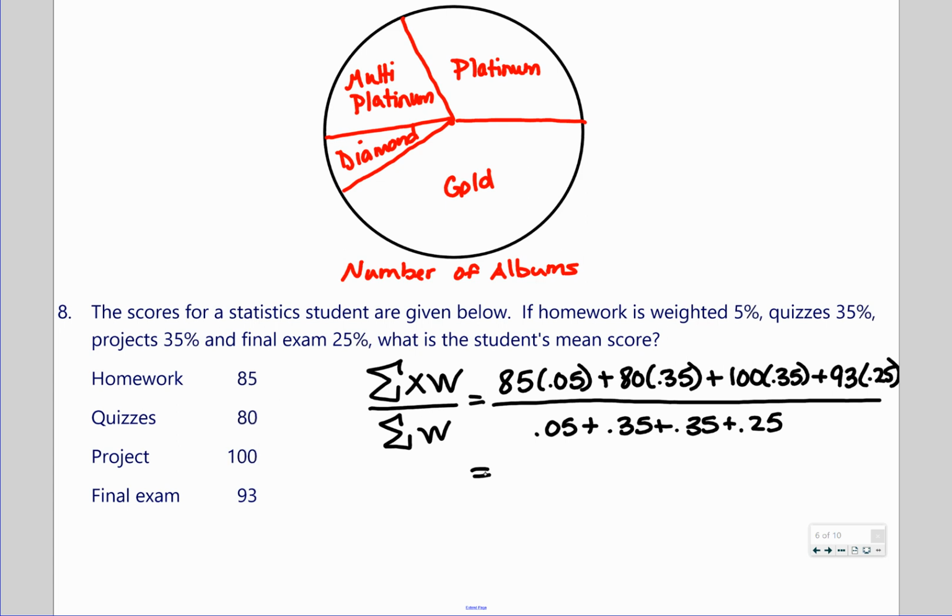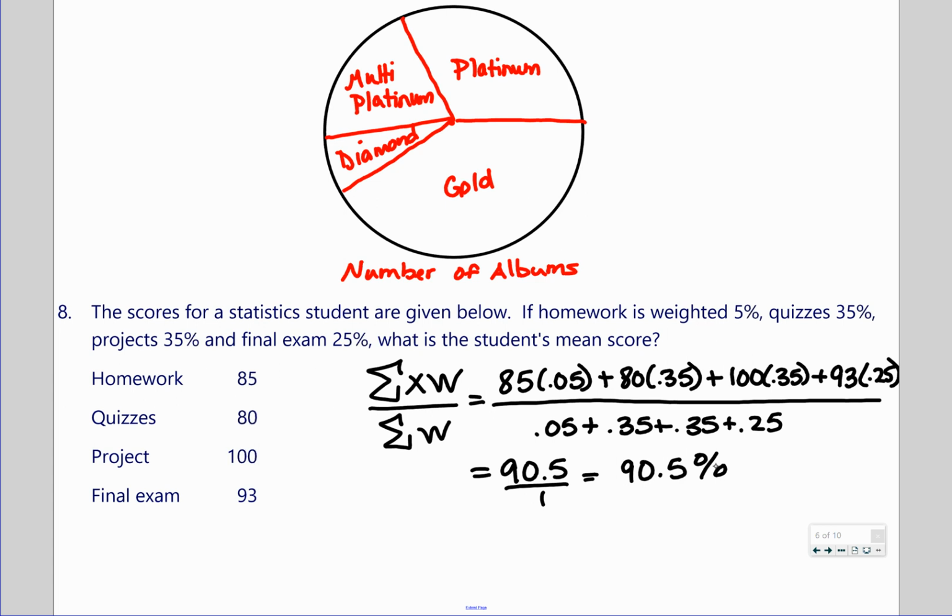So really you're just calculating the numerator. And you can type that all in your calculator once if you want. Okay, so I got 90.5 over 1.